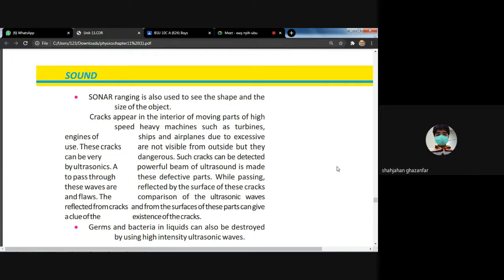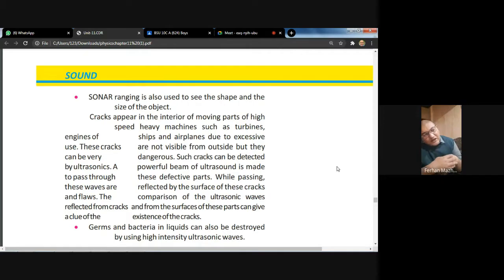Sir, can we use ultrasound waves or ultrasonic waves to see through a wall? I think we can do that. The wall is a little denser, but for example, ultrasound can pass easily through skin tissue.